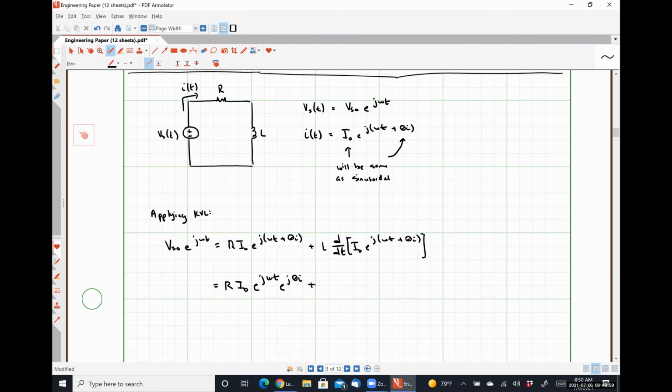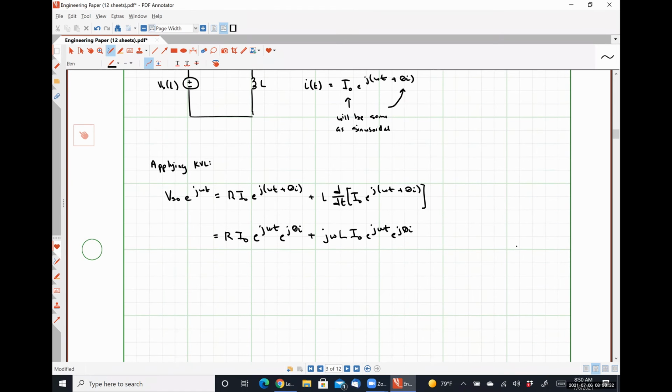So I will have j omega L, and then I naught e to the j omega t e to the j theta I. So on both sides of the equal sign, I have a common factor of e to the j omega t that's showing up everywhere. So I can just cancel that out.